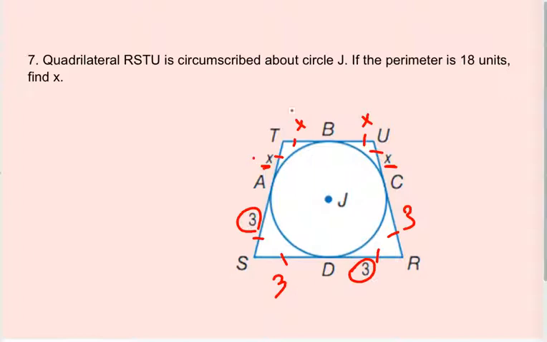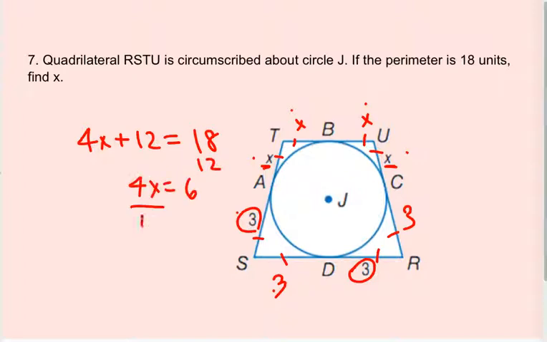So I've got 1, 2, 3, 4x plus 3, 6, 9, 12 equals 18. So 4x equals 18 minus 12, which is 6. So x should be 1.5.